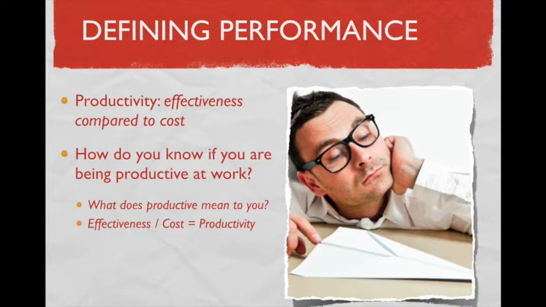And how those two things, and really three things, are related here. What does it mean to be productive for you? What does production mean for you? And for each of us in class, every single one of us, production, productivity, effectiveness, and performance may mean something different, which is why it's very important to define it.